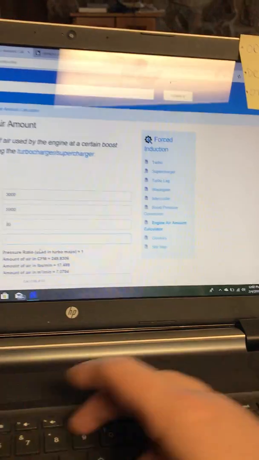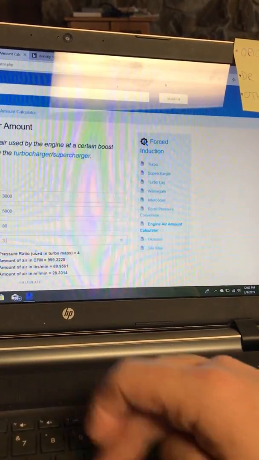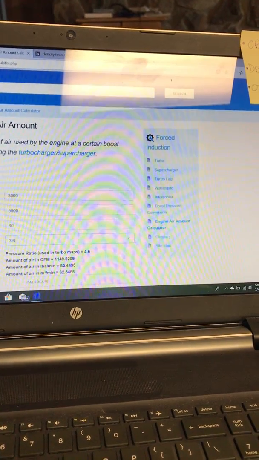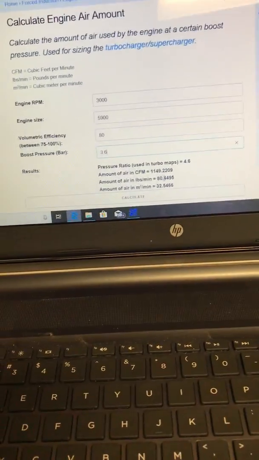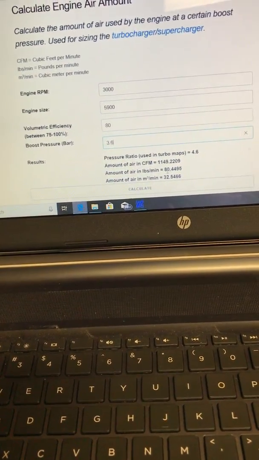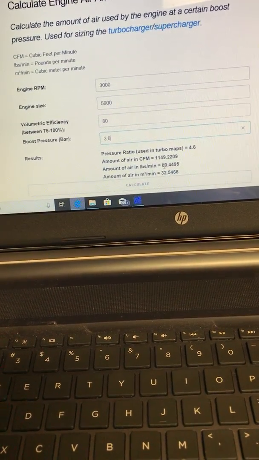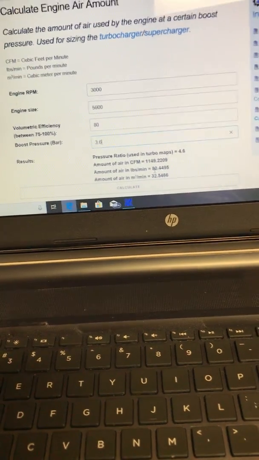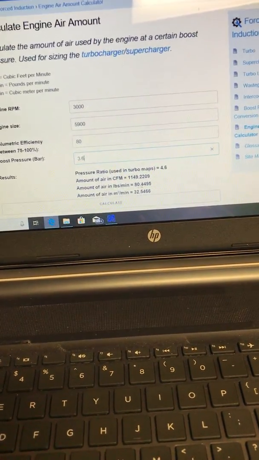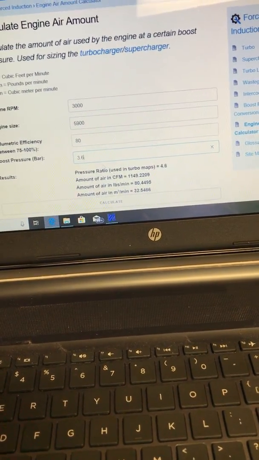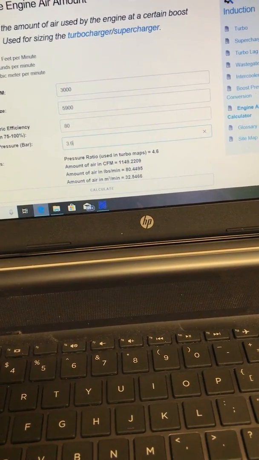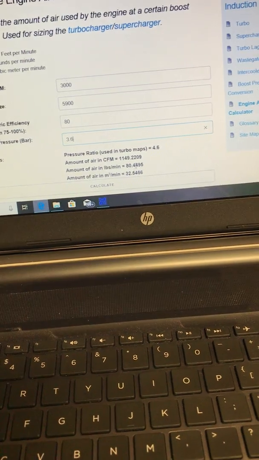No, let's go back, 3.6-to-1, which gives us 4.6 on the map. That puts us at 80 pounds a minute, which has kind of been talked about as being the amount of air in pounds per minute for 800 horsepower. So it's basically you times it times 10. Anyway, this calculator says 3.6 at 80 pounds is going to give you your 800 horsepower.